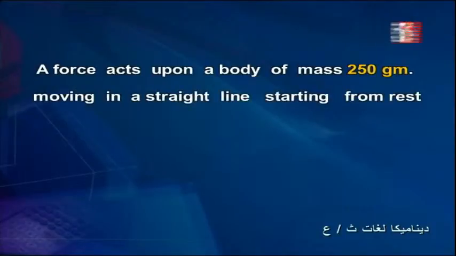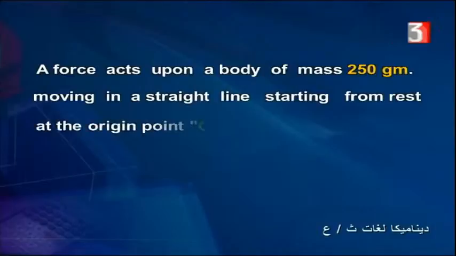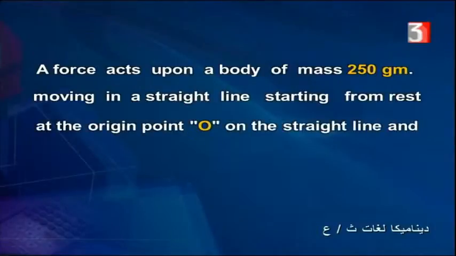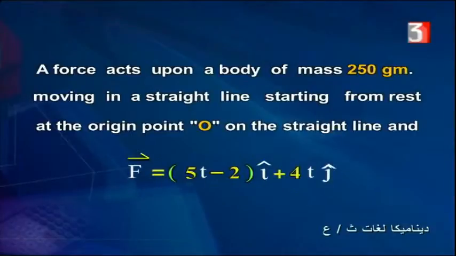Another example. A force acts upon a body of mass 250 gram moving in a straight line starting from rest at the origin point O on the straight line, and F vector equals (5t minus 2) i vector plus 4t j vector.